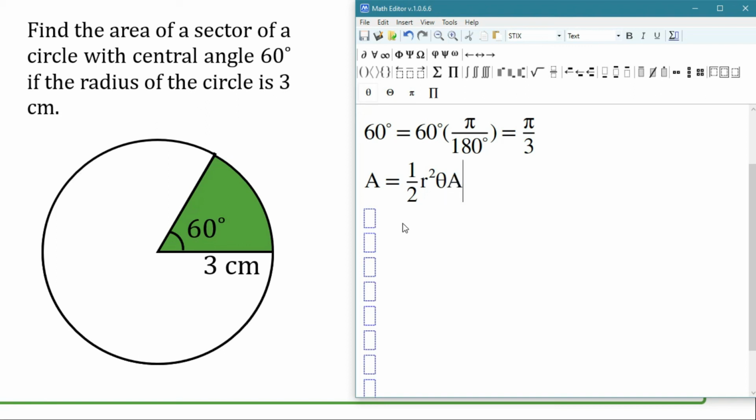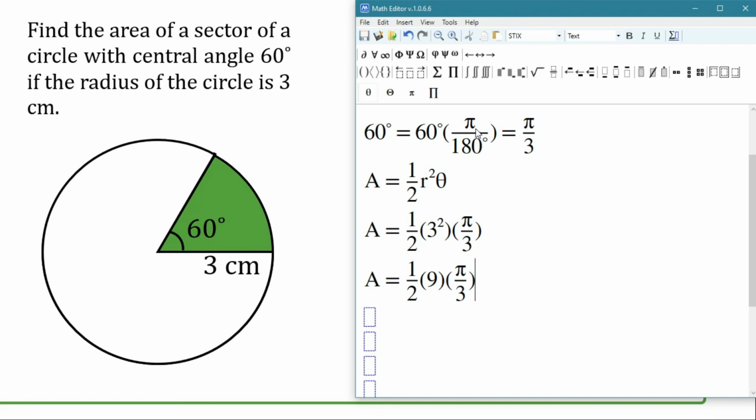Okay, so by plugging in the values to our formula, that would be 1/2 multiplied by the square of 3, or 3 squared, multiplied by the angle measure, which is equivalent to pi over 3. So let us just copy this one. And by simplifying what is to be simplified, that's going to be 1/2 multiplied by the square of 3, which is 9, multiplied by pi over 3.